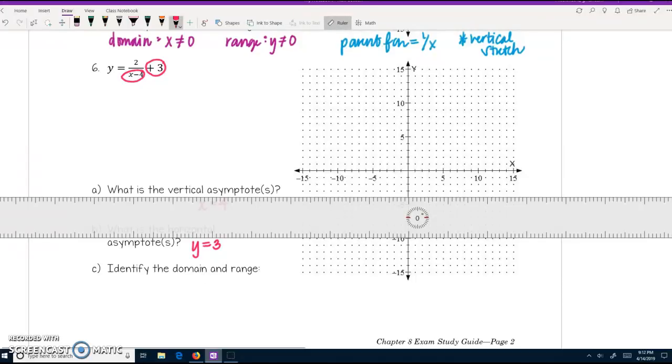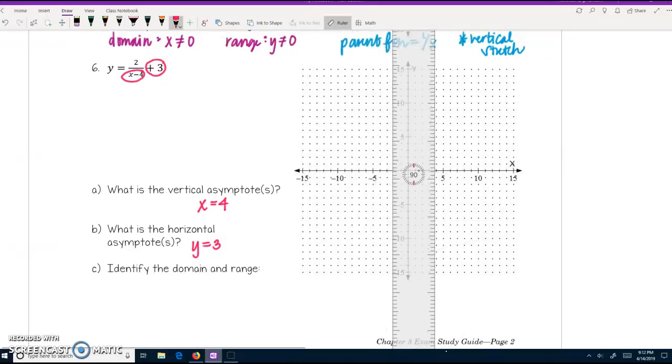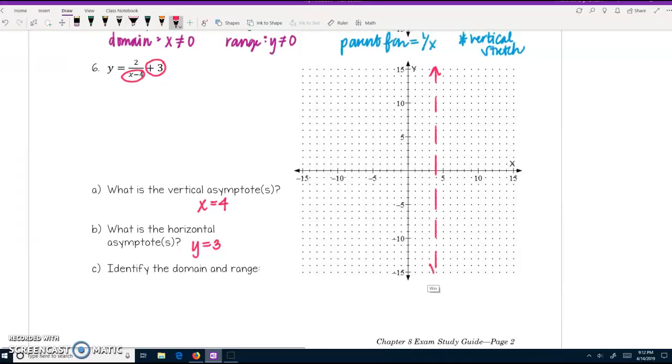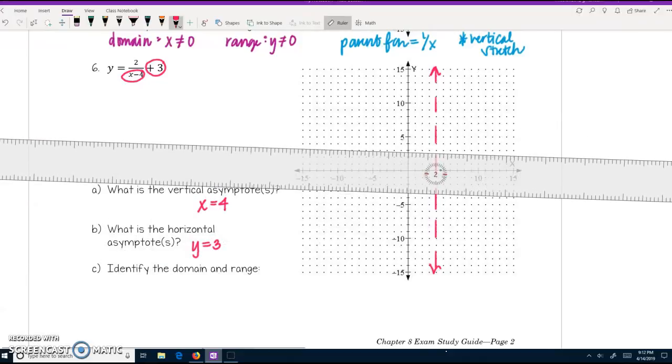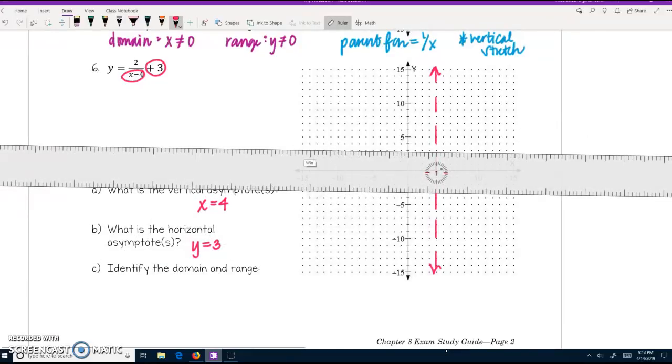So I can go ahead and sketch in those values. So I have x equals 4, which means I have this vertical asymptote running right through here. And then I have y equals 3, which is right here. And I can sketch this horizontal asymptote there.